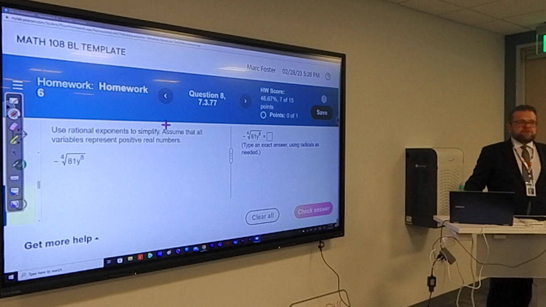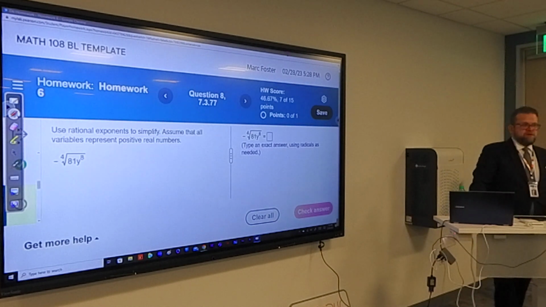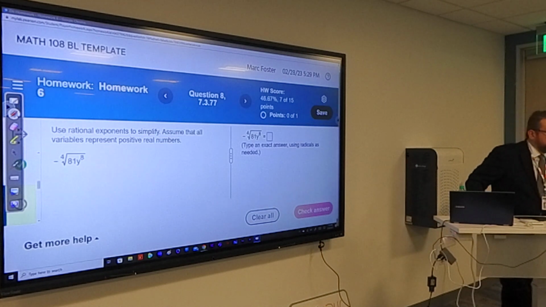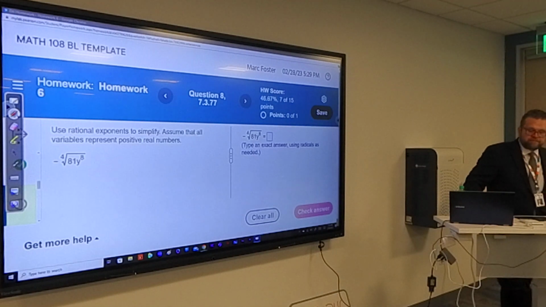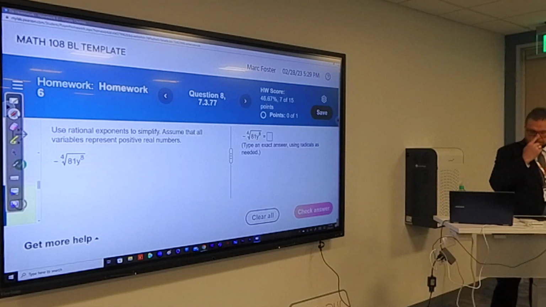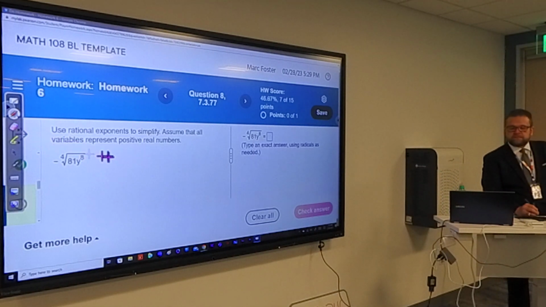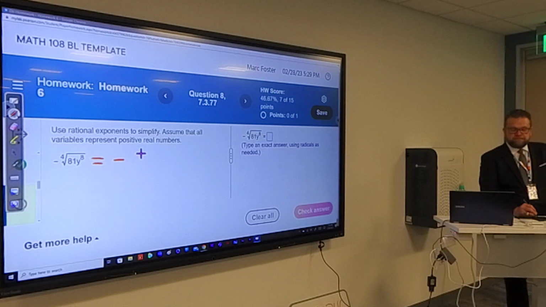So here I don't want groups of 2. I don't want groups of 3. I want groups of 4. There's that minus symbol. 81 is 9 squared, but 9 is 3 squared.